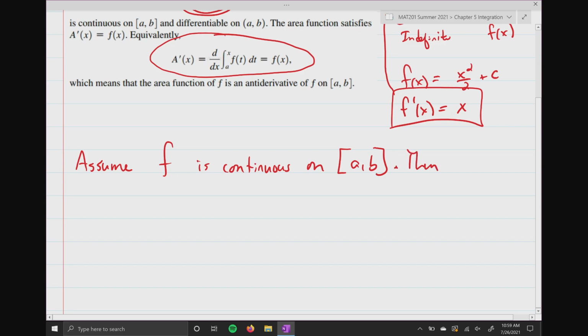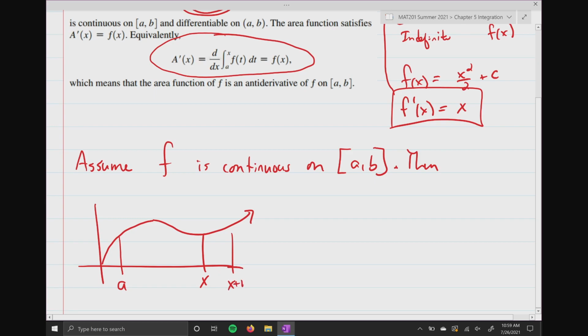Then, and I'm going to do this in pictures. So, right here is a, here is x. And give me a second here. I'm going to make this x plus h. In other words, it's going to be x plus a little bit more.